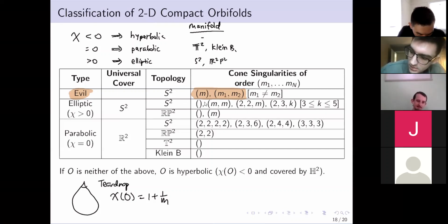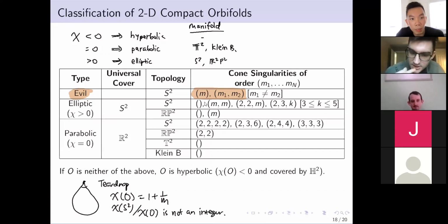Now, notice that the Euler characteristic of S2 divided by this is not an integer. So the conclusion is that by the Riemann-Hurwitz formula, it cannot be covered by S2. In other words, this teardrop is actually simply connected as an orbifold, and it cannot be covered by S2.